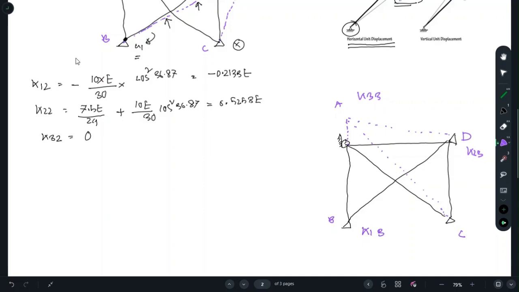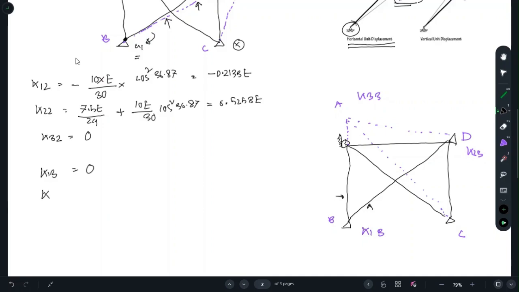Well, let's find out K13. For K13, if you look carefully, you will find that the responsible frame for K13 is this one, but these two frames haven't undergone any deformation or displacement, so K13 would be 0.